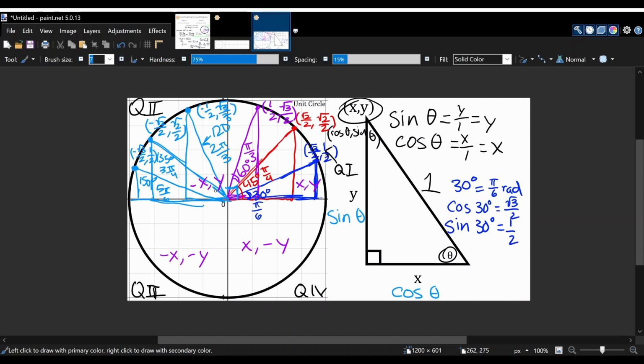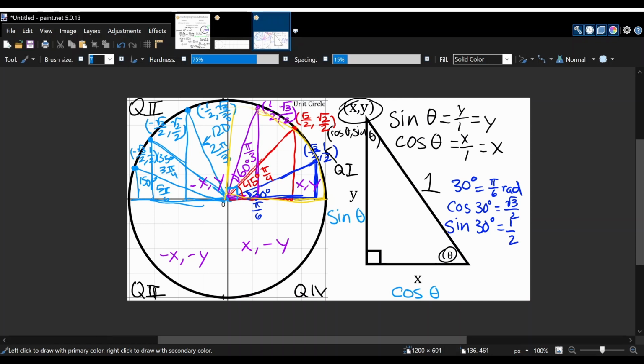But basically, this pattern will continue where it's just 1/2, square root 3 over 2, square root 2 over 2, square root 2 over 2, square root 3 over 2, 1 over 2, and that's just going to keep repeating itself. So that makes it easier to memorize this unit circle if you memorize this first quadrant over here, and then you can think of it in your head and imagine the values of the different triangles.